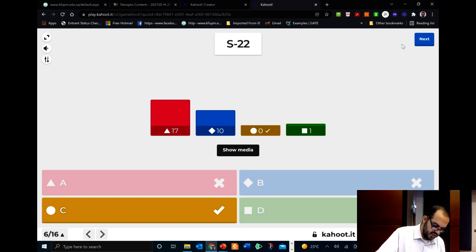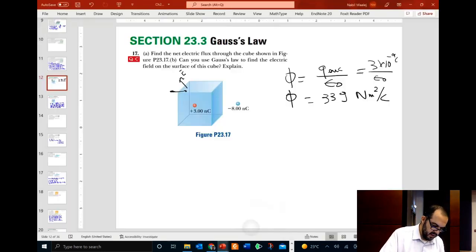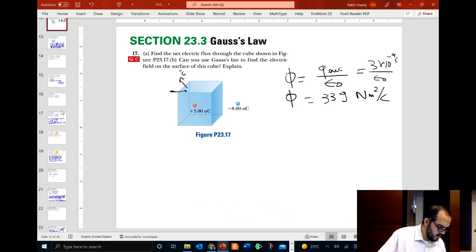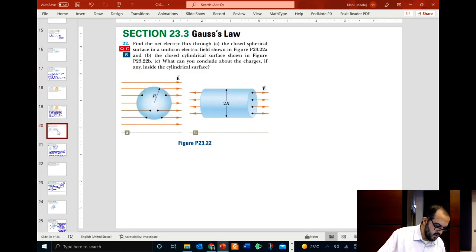All right, so let's look at this problem. First of all, to the left, we clearly see this is a sphere in a uniform electric field, and remember there is no charge inside here, even though the problem did not say it.